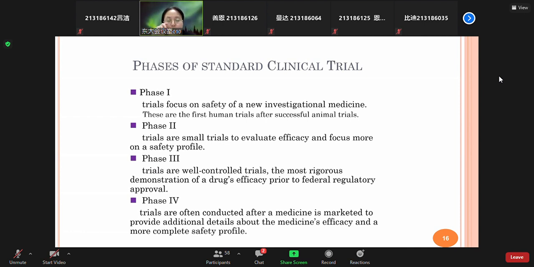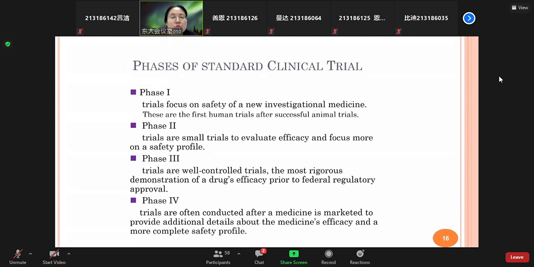So I believe in all of the countries, including your countries, there should be formal regulation about clinical trials.